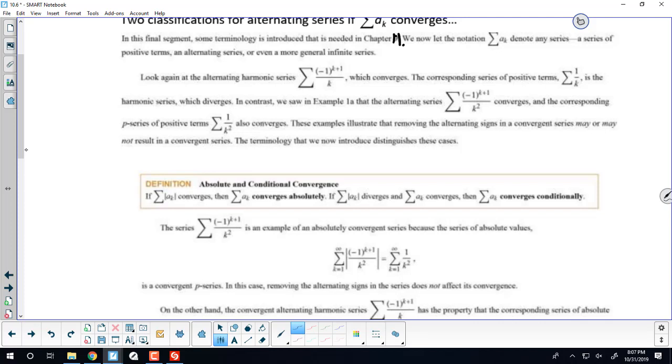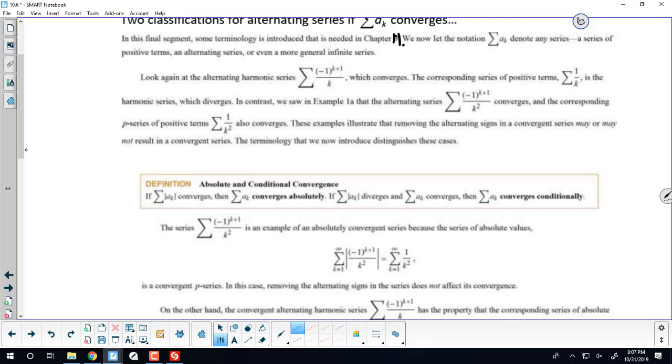If we apply that to an alternating series, when we take the absolute value, it doesn't alternate anymore. So if the absolute value of a series converges, then the series without the absolute value also converges, and we say that it converges absolutely. And the theorem presented in 10.6 that we need to carry over to chapter 11 is the fact that if a series converges absolutely, then it converges.